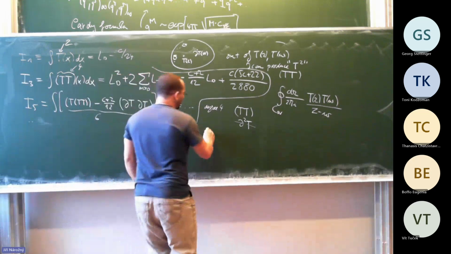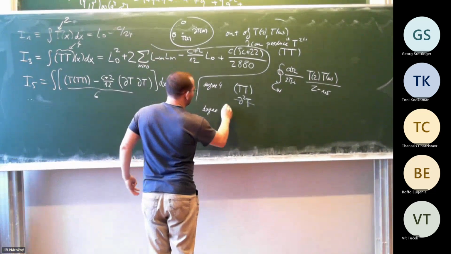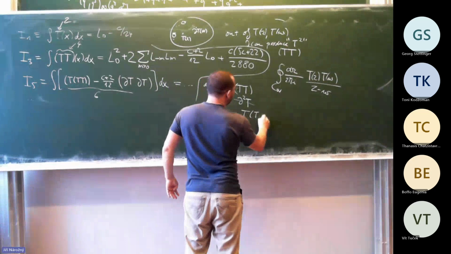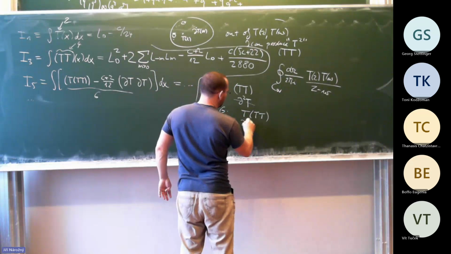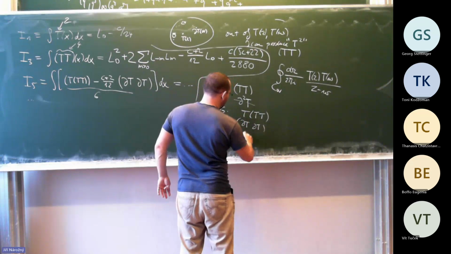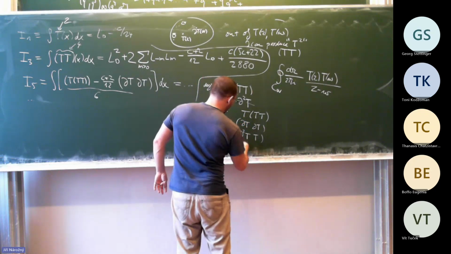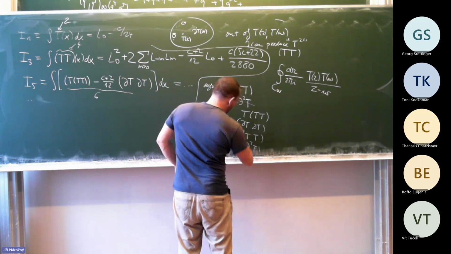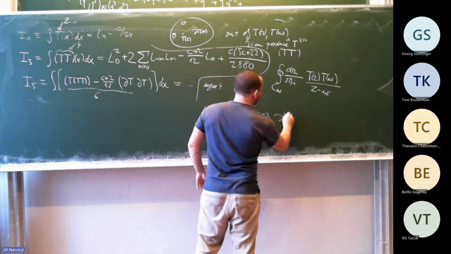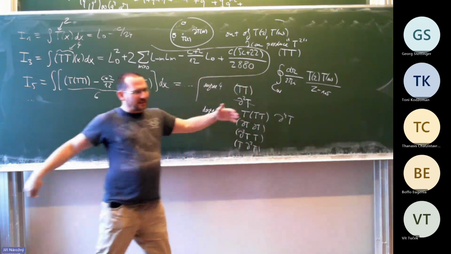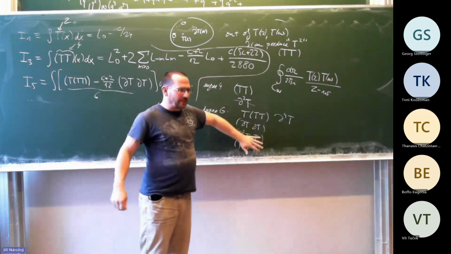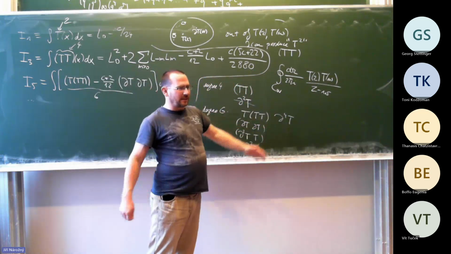In dimension 6, I could write T cubed, or I could write dT squared, or I could write d squared T. You could also write T squared T, but these are related, and then you can also write d fourth T. So you can write a list of all local fields that you can write just out of T and its derivatives.